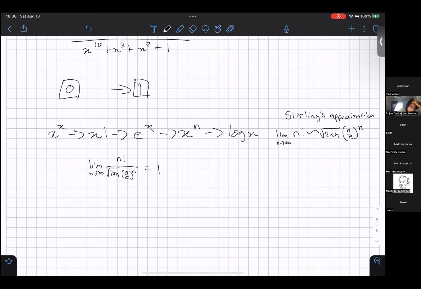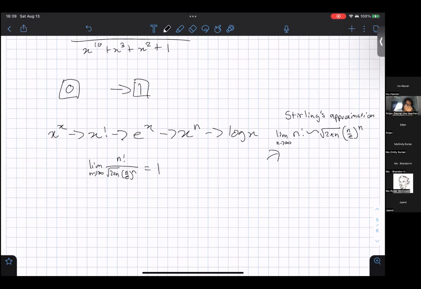So as you go to infinity, they grow at the same rate. And a lot of problems, especially the harder problems you'll see in FAMAT, will be trivial if you know Stirling's approximation, but otherwise there'll be some complex limit. So it's good to keep in mind because it also tells you how to remember the factorials.